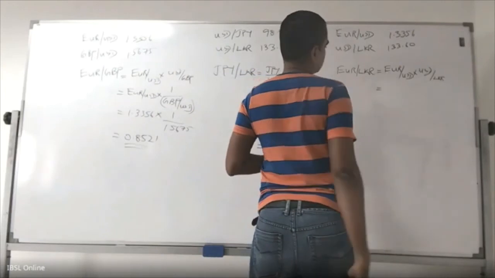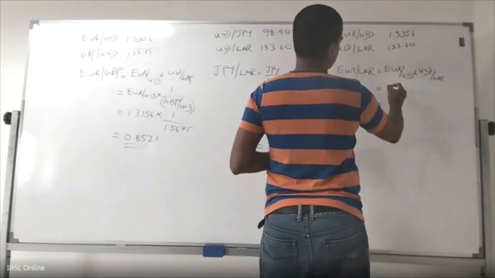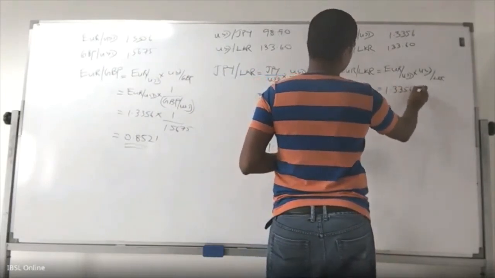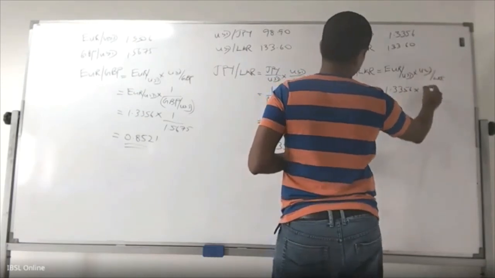So euro dollar given, 1.356, into dollar rupee, 133.